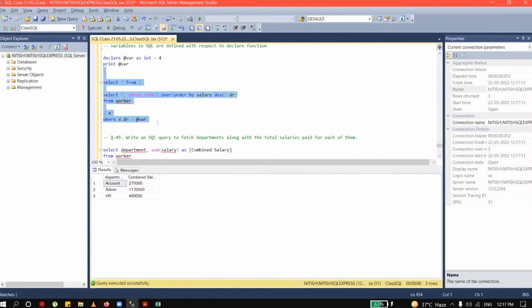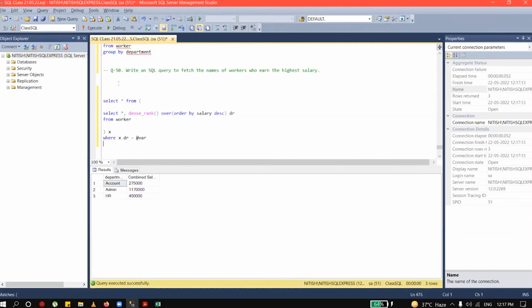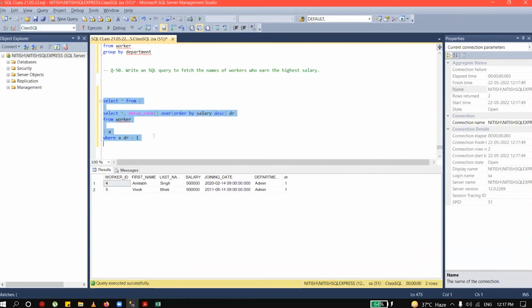So, same function, but now not declare anything. Okay, earning the highest salary. If I run this, this is the name of the function. The highest salary I would like to have, and what I want is the full name.